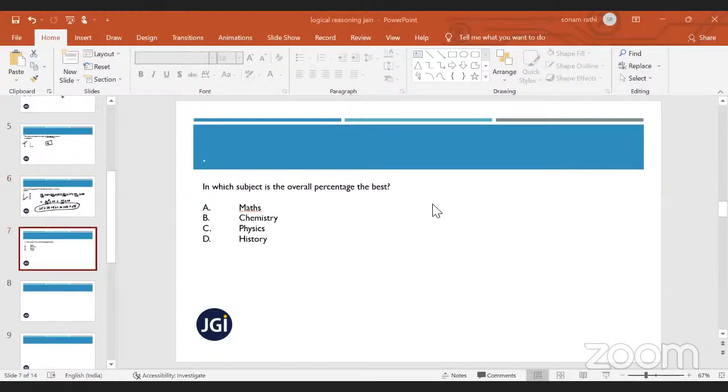In which subject is the overall percentage the best? So you have to do calculation. 4 options are given to you. First, find the total of maths. First, find the total of chemistry. Then find the total of physics.